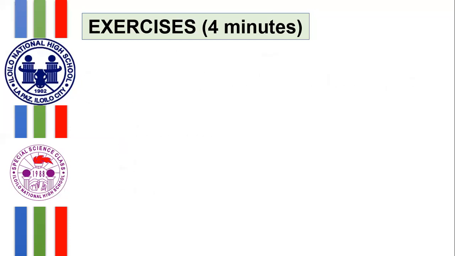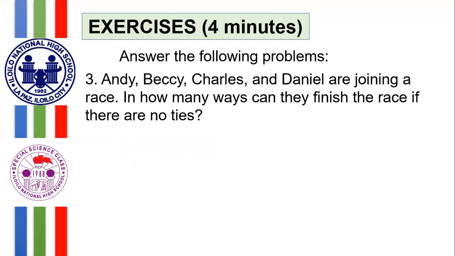For the third one, Andy, Becky, Charles, and Daniel are joining a race. In how many ways can they finish the race if there are no ties? So if there are 4 people, since there are no ties, it's also understood that no repetition is allowed. And if you have 4 slots, 4 people could finish first place.